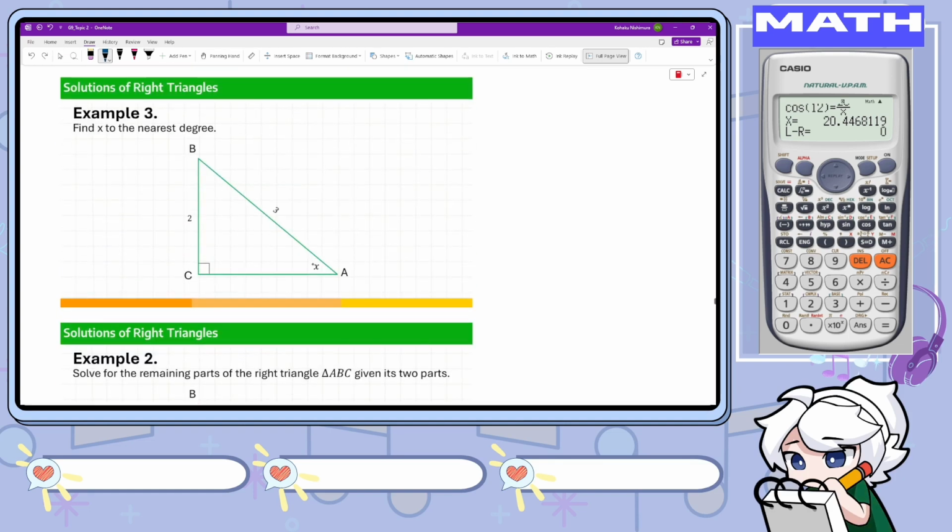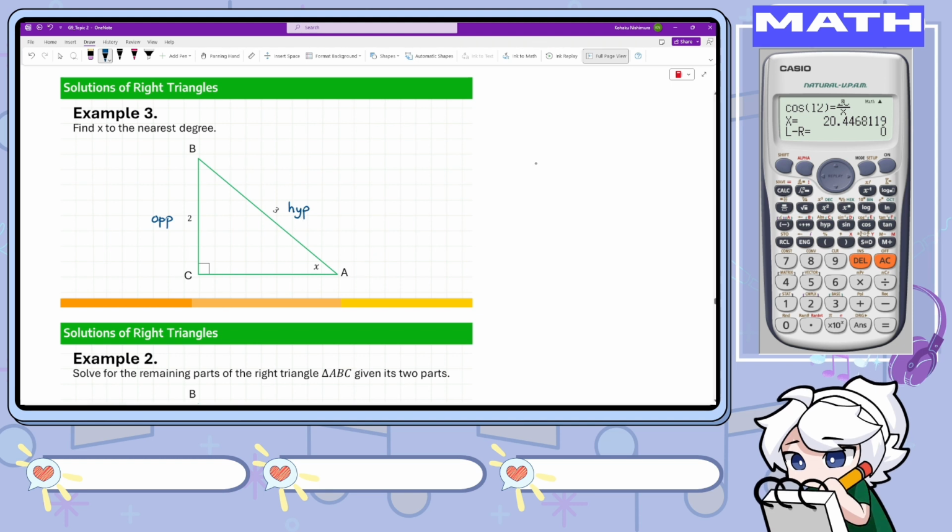On this particular figure, what is 2? Adjacent, opposite, or hypotenuse? That is indeed opposite. What is 3 with respect to x? That is our hypotenuse. Very good.